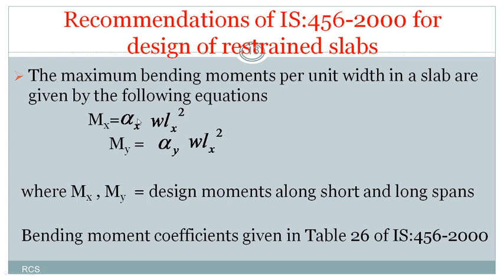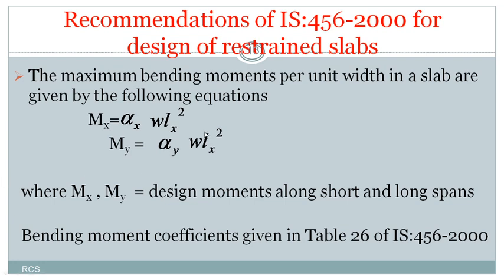Here αx and αy are the bending moment coefficients. These coefficients depend upon the edge conditions, which we'll discuss later. Here w is the factored load, and lx is the effective length in the shorter direction.